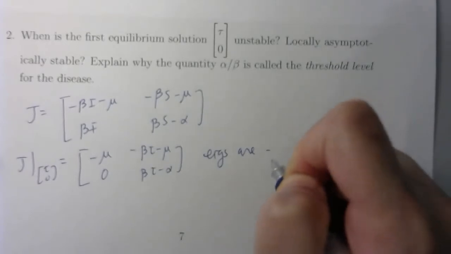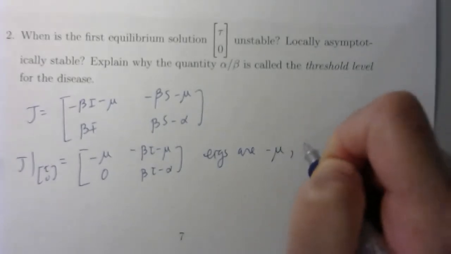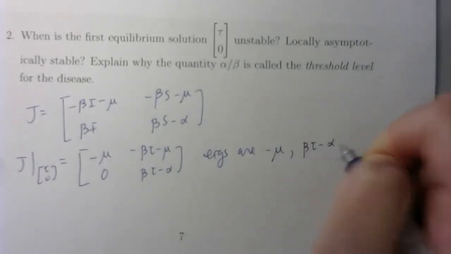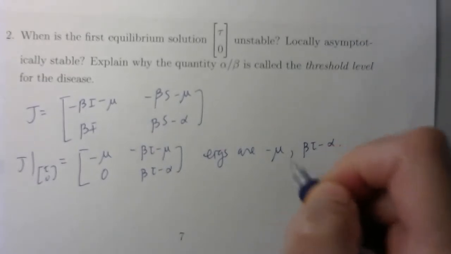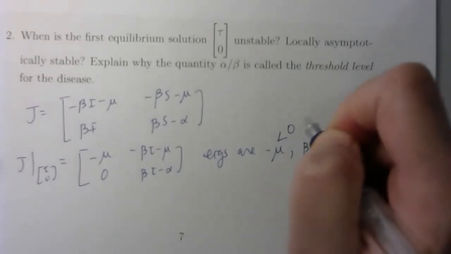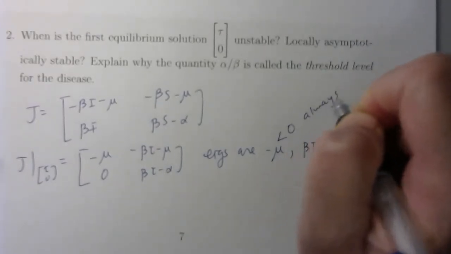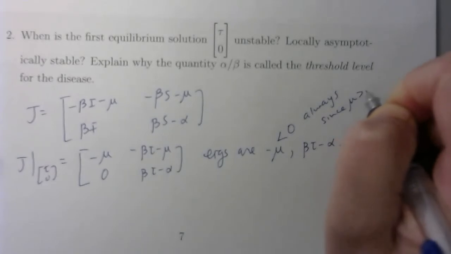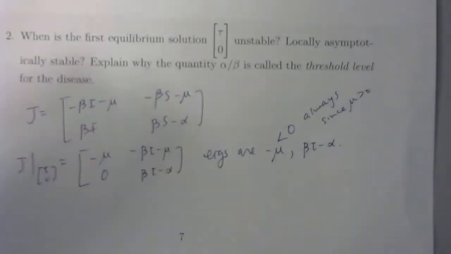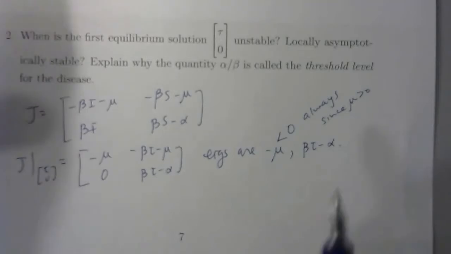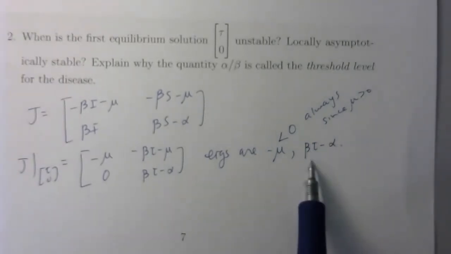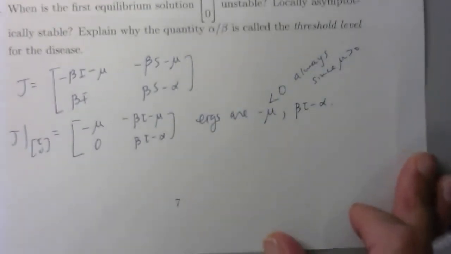The eigenvalues are minus mu and beta tau minus alpha. Minus mu is always less than 0, since mu is always positive. So if I want to talk about the stability of this equilibrium, what I need to look at is where this guy is positive and where it's negative.